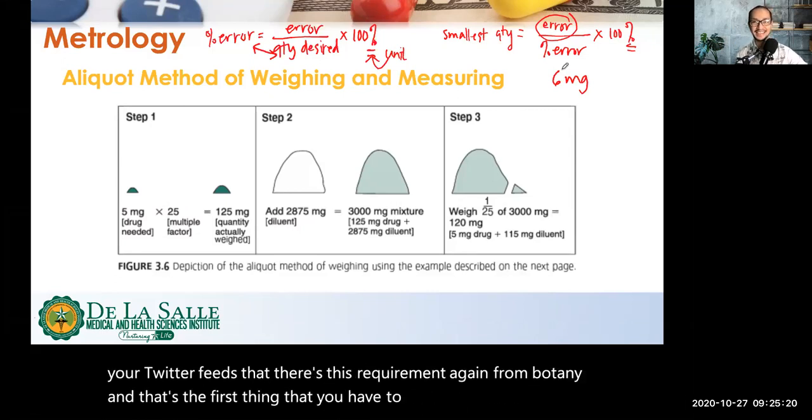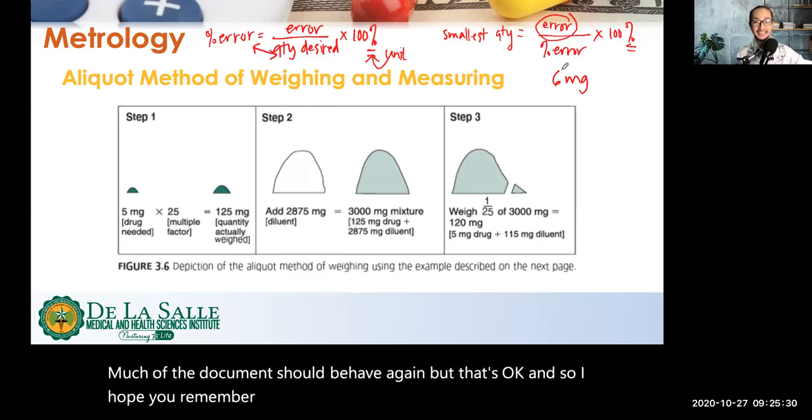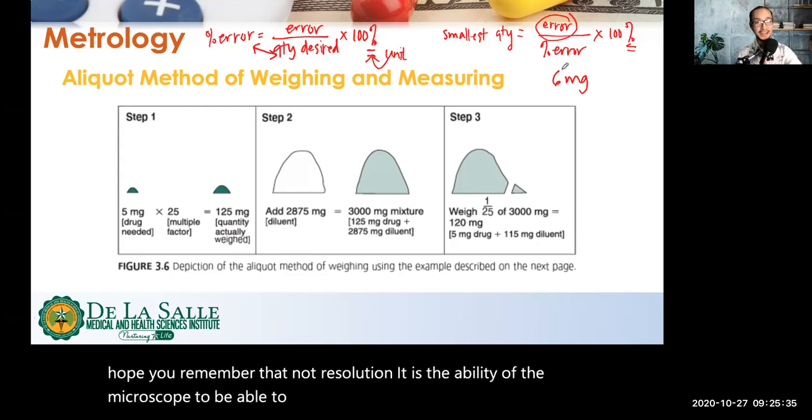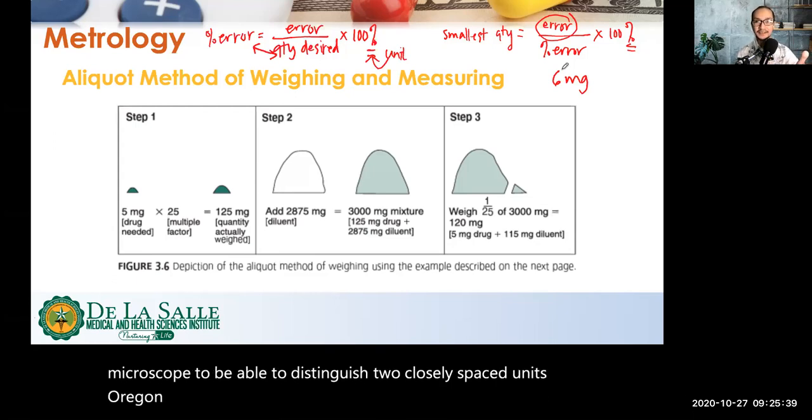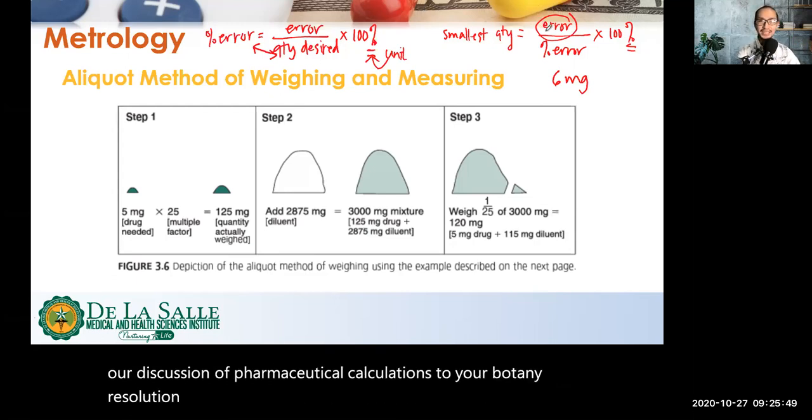So you are leaving pharmaceutical calculations behind, but that's okay. I hope you remember that the resolution is the ability of the microscope to distinguish two closely spaced units or objects. If I would relate our discussion of pharmaceutical calculations to your botany, resolution is similar to our maximum potential error, or the error. No shade about that.